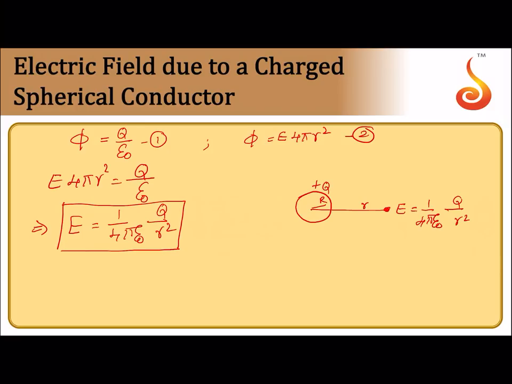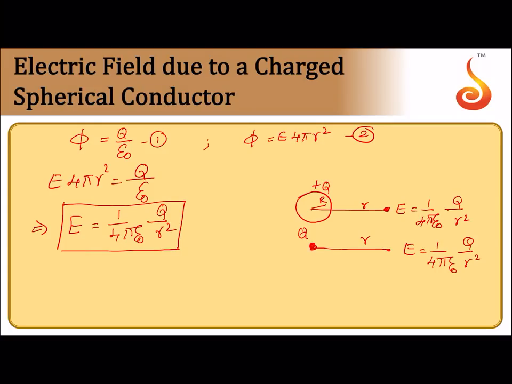Now instead of this spherical conductor, had you considered a charge Q at its center, the electric field at the same point would have been given by the same expression, 1 by 4 pi epsilon naught Q by r square.